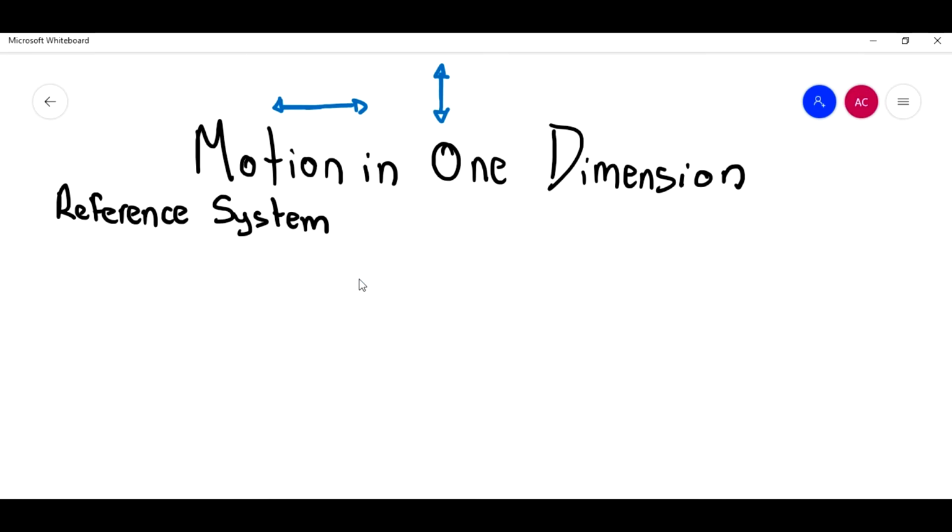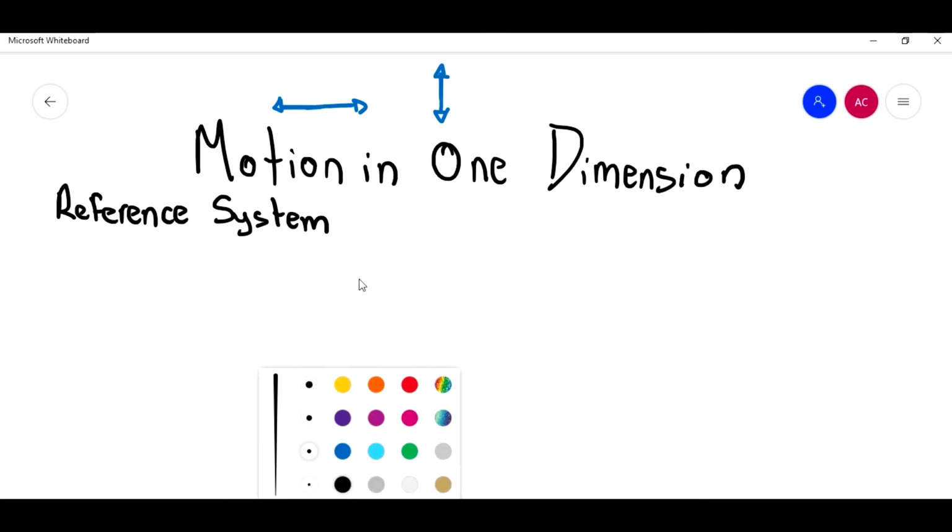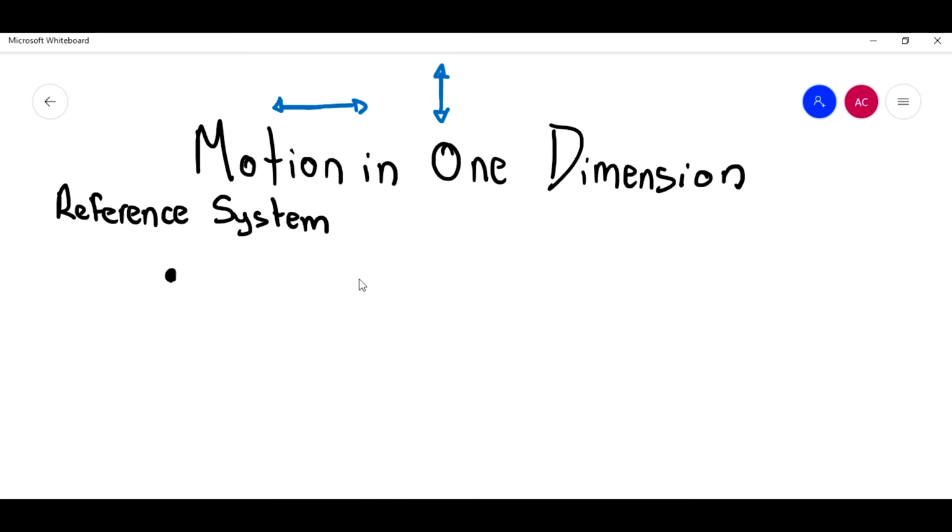So for example, if I have motion from left to right, let's say I'm going to have something as my reference system. From this point, this black dot over here, everything that goes to the right is going to be positive, and everything that goes to the left is going to be negative.